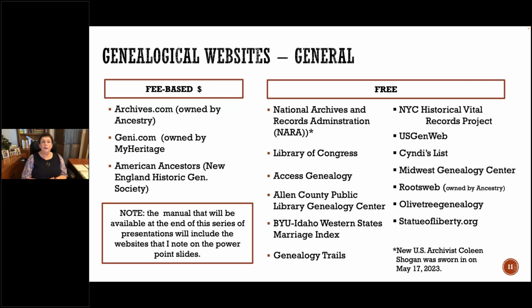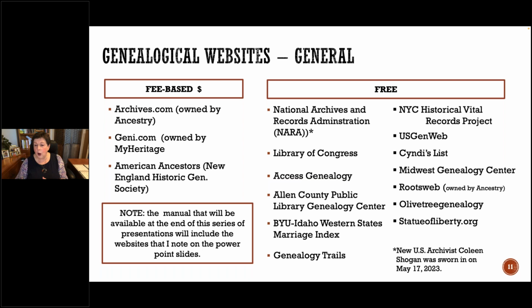There are also genealogical websites for general research besides the big four. Fee-based ones I've listed here on the left: Archives, owned by Ancestry; Genealogy, owned by MyHeritage; and then there's also American Ancestors, which is the New England Historic Genealogical Society's website.